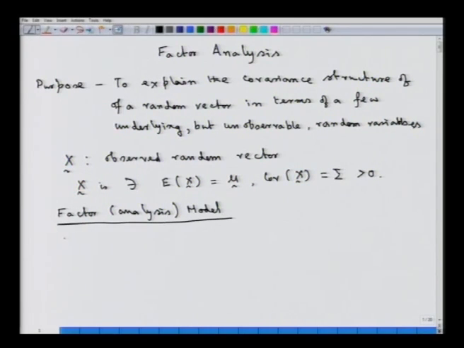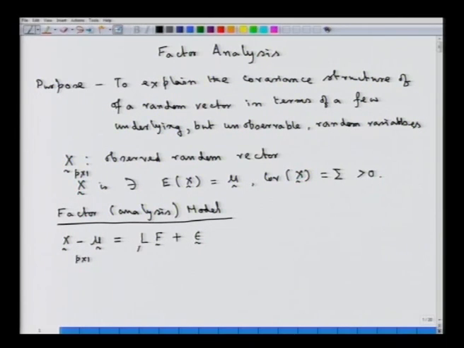The factor analysis model is something like this: we write x minus mu, where x is the observed random vector and mu is the corresponding mean vector, as L f plus epsilon. Suppose p is the dimension of the observed random vector, so on this side we have a p by 1 vector.